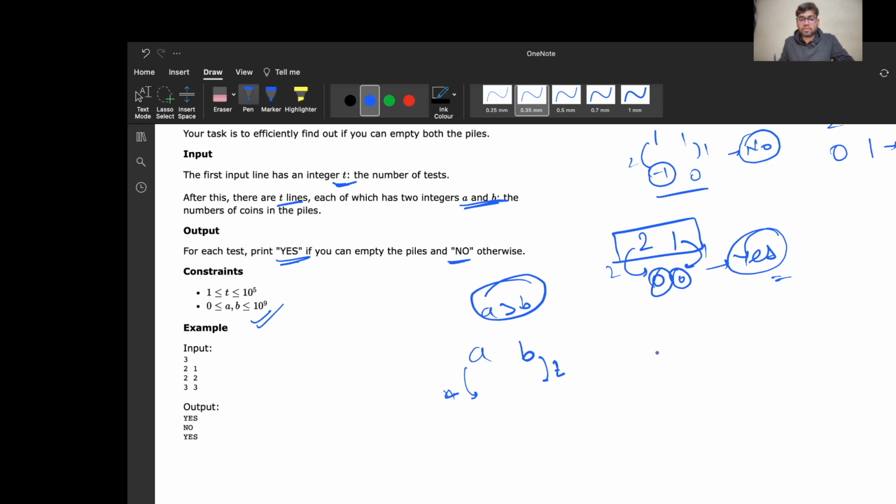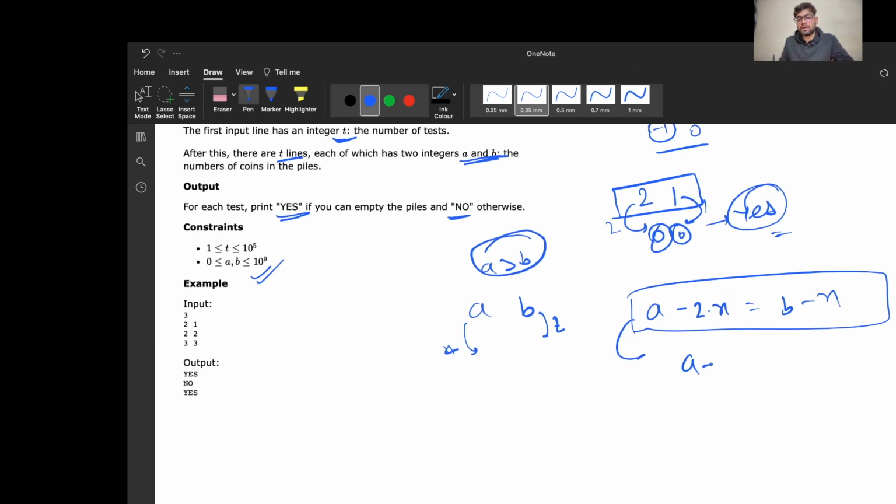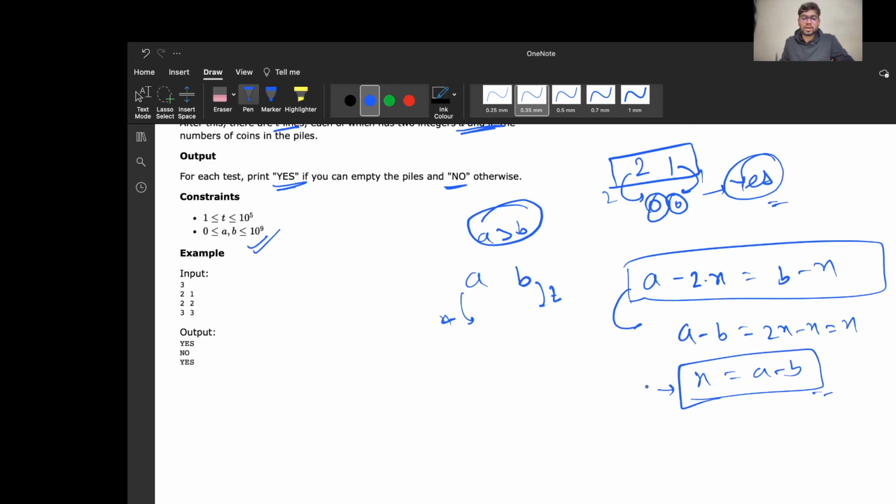So A minus 2x equal to B minus x is a valid equation. What is happening here? A minus B equals 2x minus x, which is x, so x is equal to A minus B. Now we have a balance point. After that, if I subtract 2x from A, where x is the absolute difference between A and B, and x from B, the updated values are balanced.